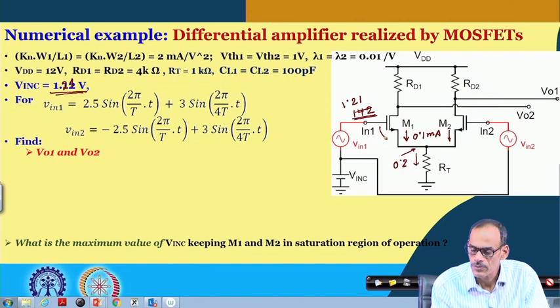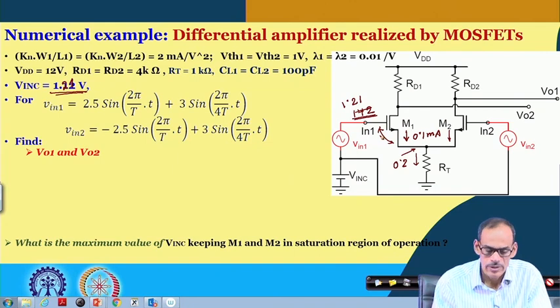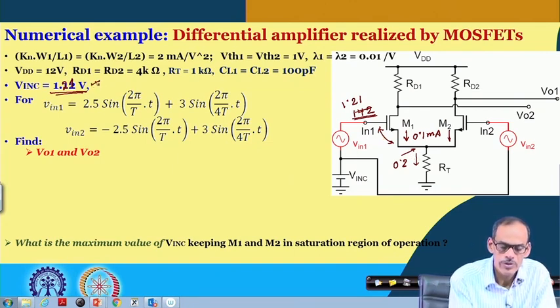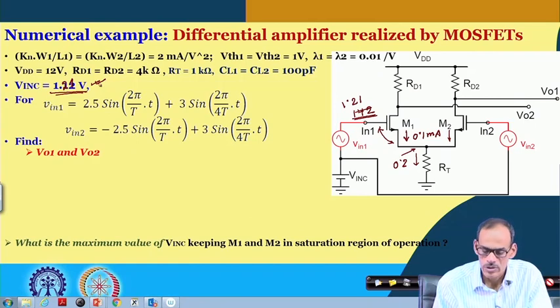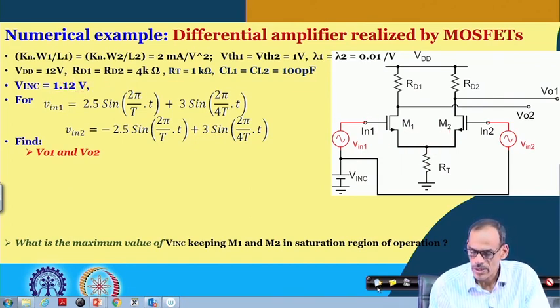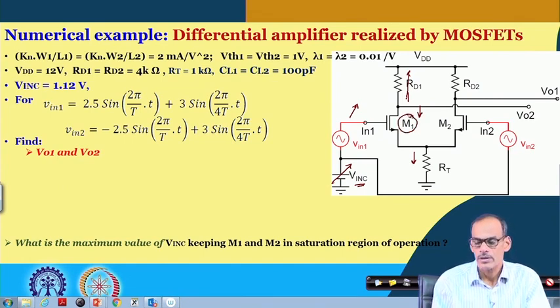And then VGS minus VTH. Okay, I think the numerical value I have taken here is not so accurate to get a round figure of current, but I just like to say that in this case again we do have a meaningful range of V in C. If we have higher and higher voltage, then that may increase this current, and that may increase the voltage drop here, and hence it may push this transistor M1 into the triode region.